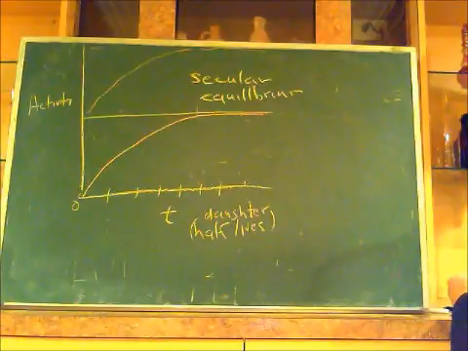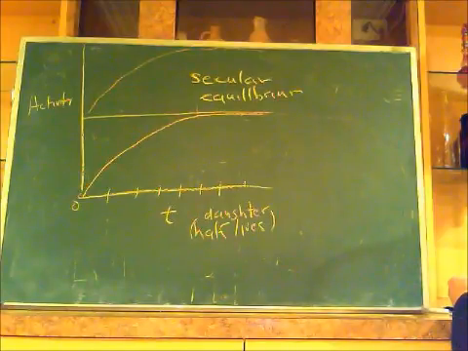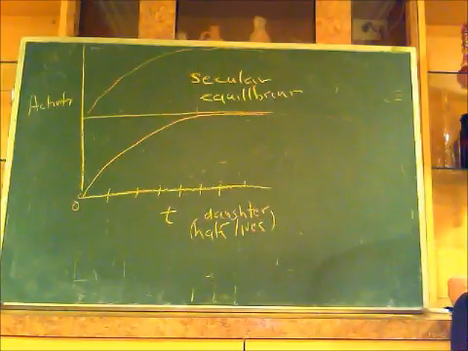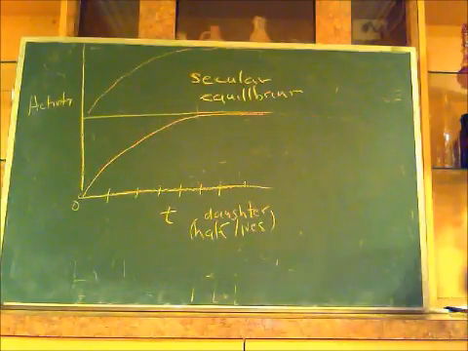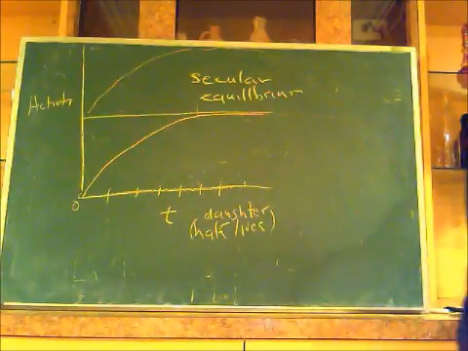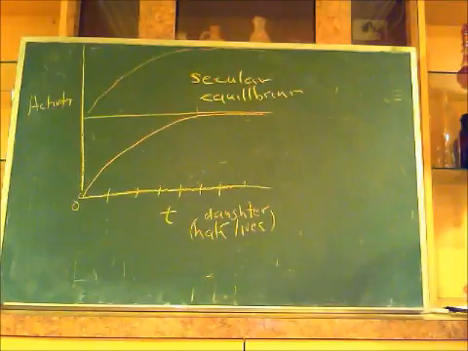One of these is N sub B, the number of atoms of B, the daughter, divided by the number of atoms of A, the parent, is equal to the half-life of B divided by the half-life of A. So we can use those relationships to calculate a half-life if we know how many atoms of each of the parent and the daughter are present, and we know the half-life of one of the two isotopes. We can find that of the third one.